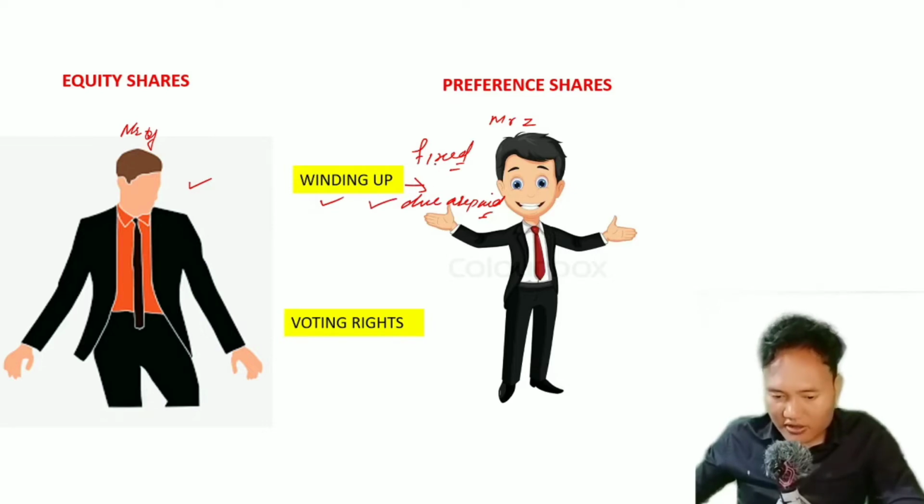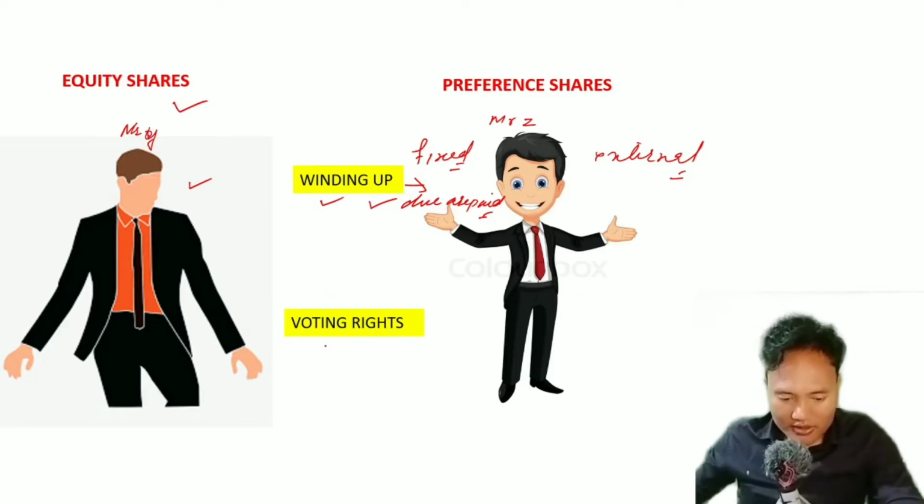Not only preference shareholders, even the external creditors are paid first of all. After the payment of all the liabilities to the external creditors, the preference shareholders, and the debentures, the remaining part of the assets or profits is divided among the equity shareholders.